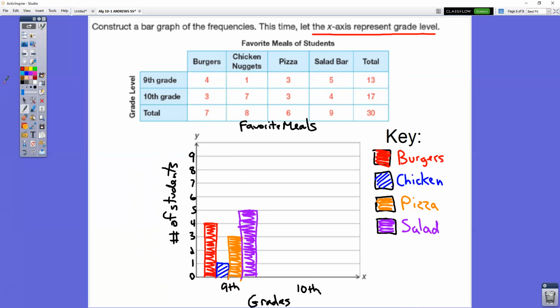Now I need to do the same thing for 10th graders. So there were 3 burger people. Notice that I'm leaving a space in between the 9th graders and the 10th graders. We don't connect those. For chicken nuggets, there were 7. Stripes.